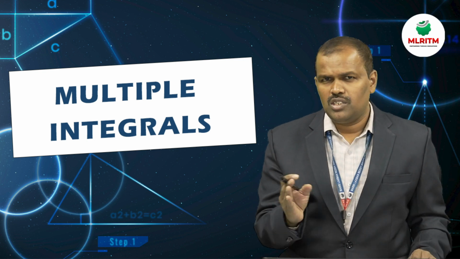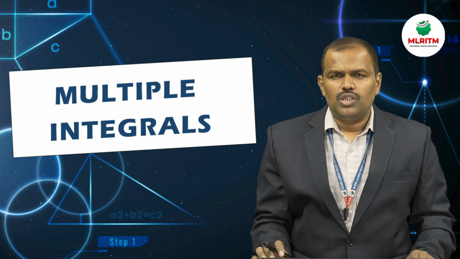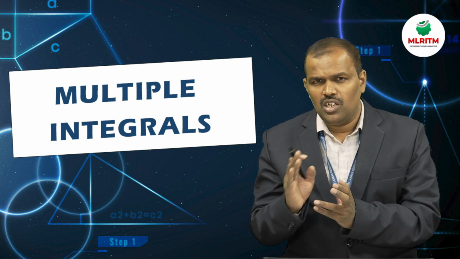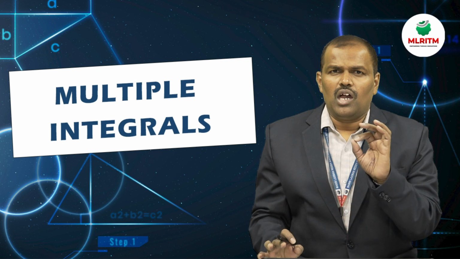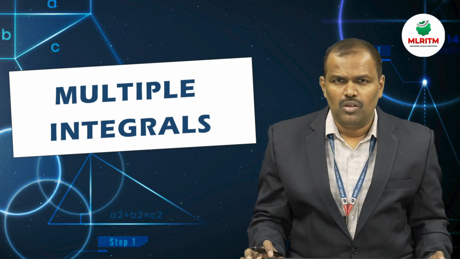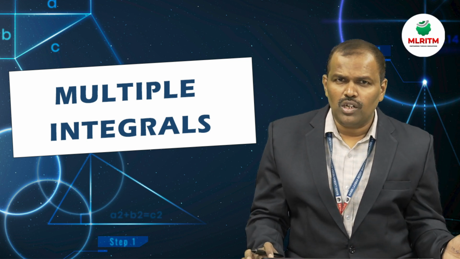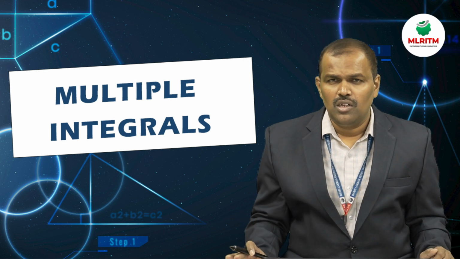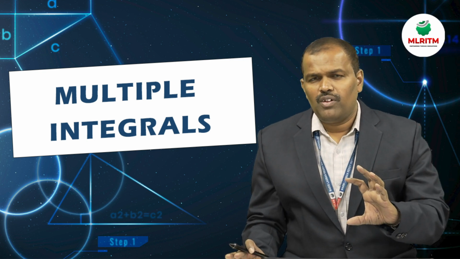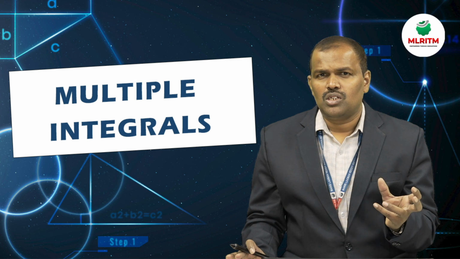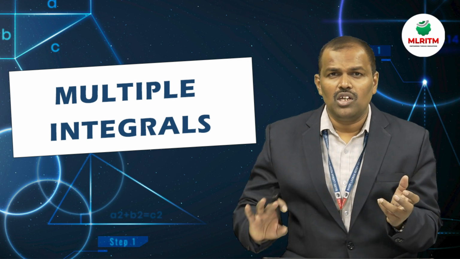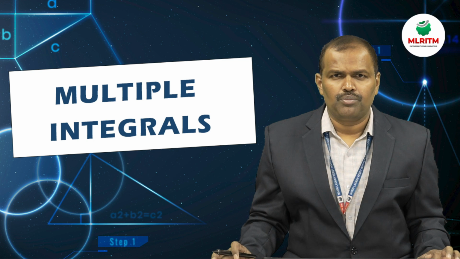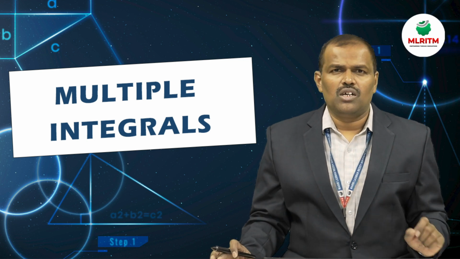Even when changing the limits and the order, the answer should be the same. Whatever answer you got before changing, you will get the same answer after changing. Limits will change, but the answer should be the same. That is today's concept.